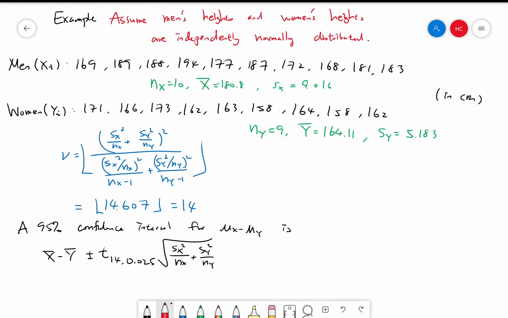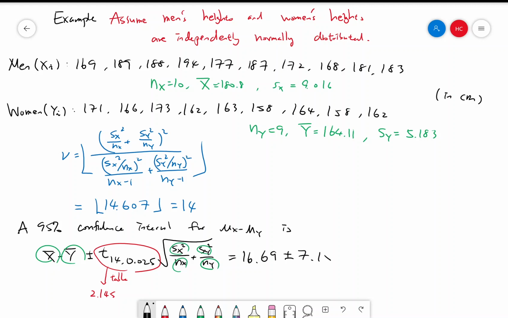And everything can be found somewhere. So this, we can use the t table. This is equal to 2.145. And all the other values are just right above there. So we can use the calculator to get that this is equal to 16.69 plus or minus 7.151 centimeters.